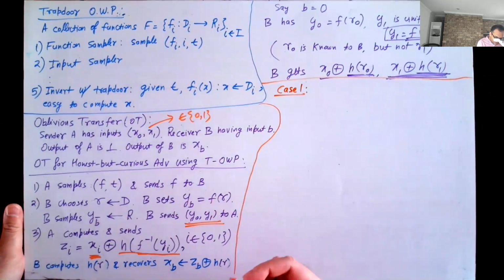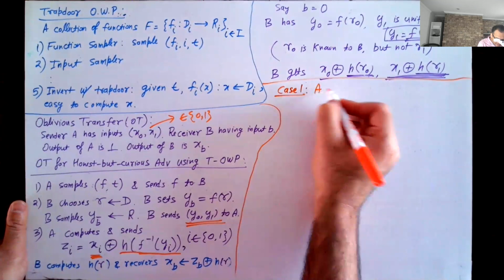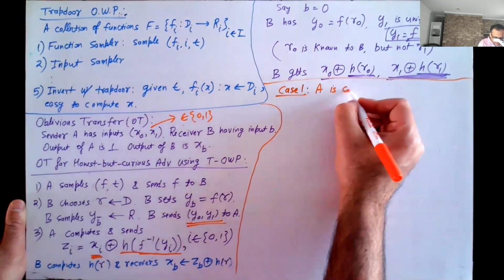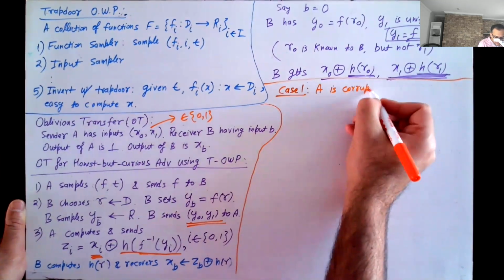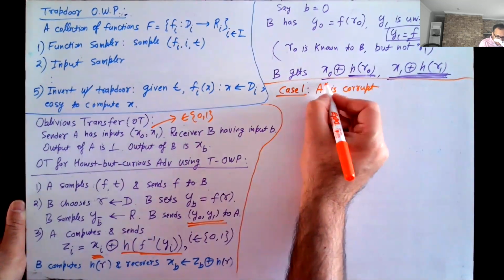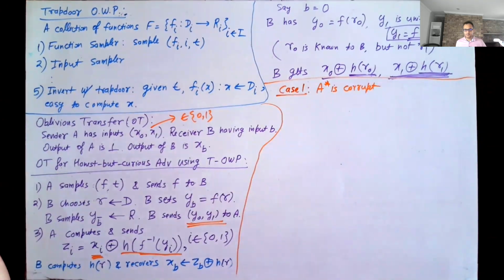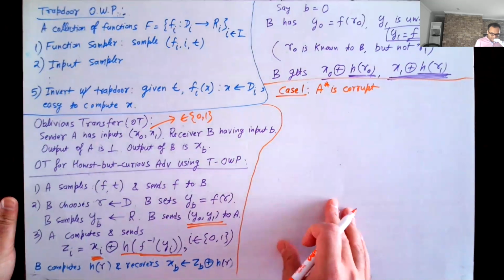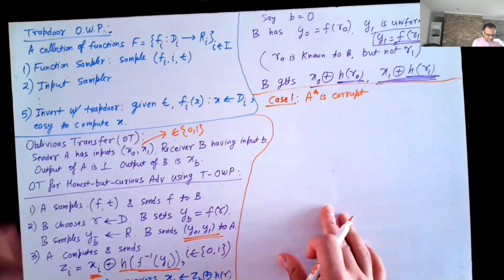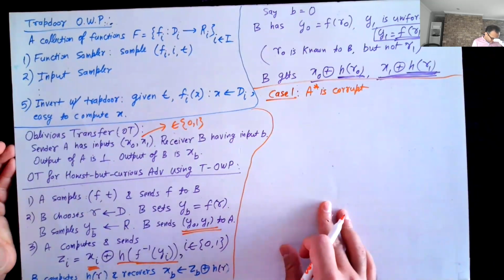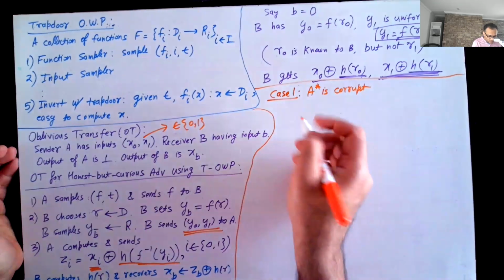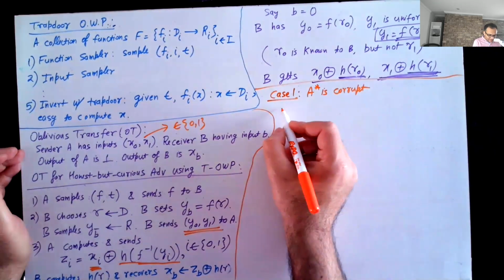So case 1 is A is corrupt, and in that case we will call it A star. So the simulator works as follows.